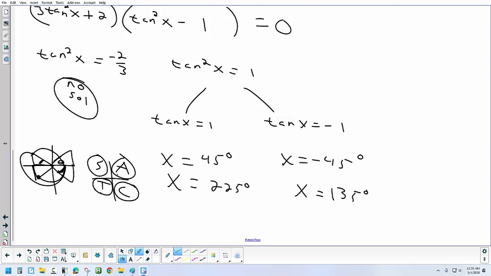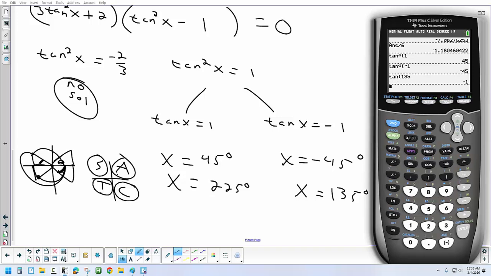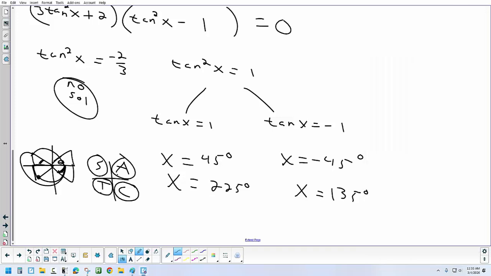Okay. And if you aren't sure, check it. Type in tangent of 135. Make sure you get negative 1. Type in tangent of negative 45. Make sure you get -1. And the other two give you +1. Now converting them all. Pi over 4.